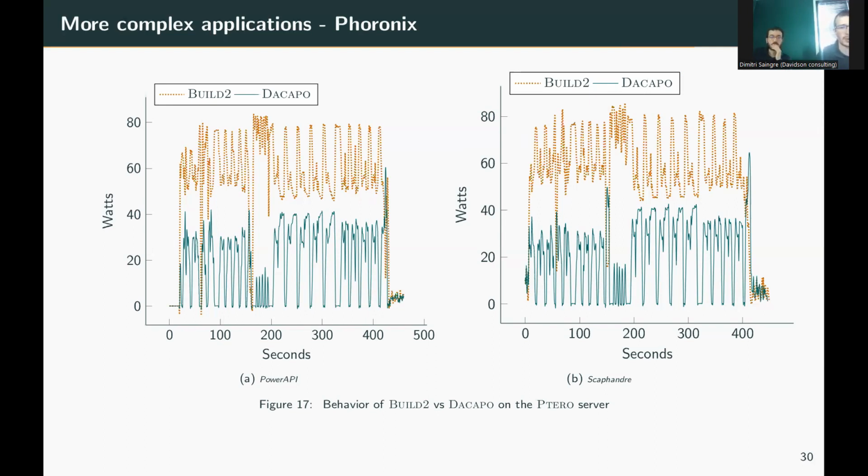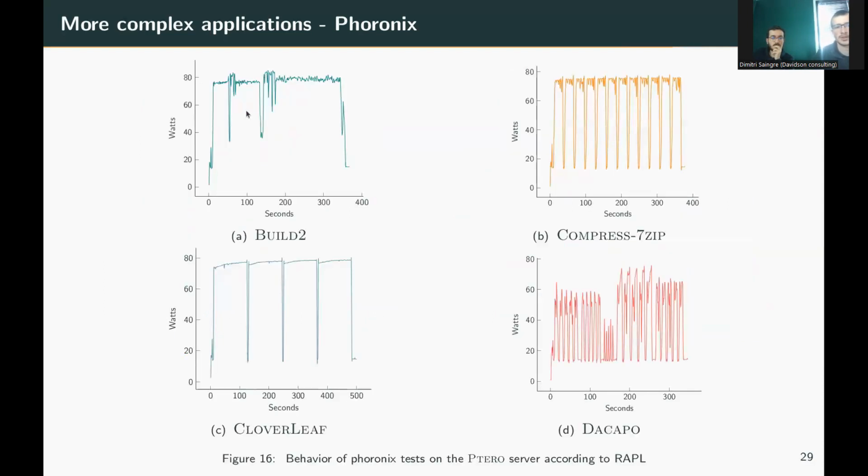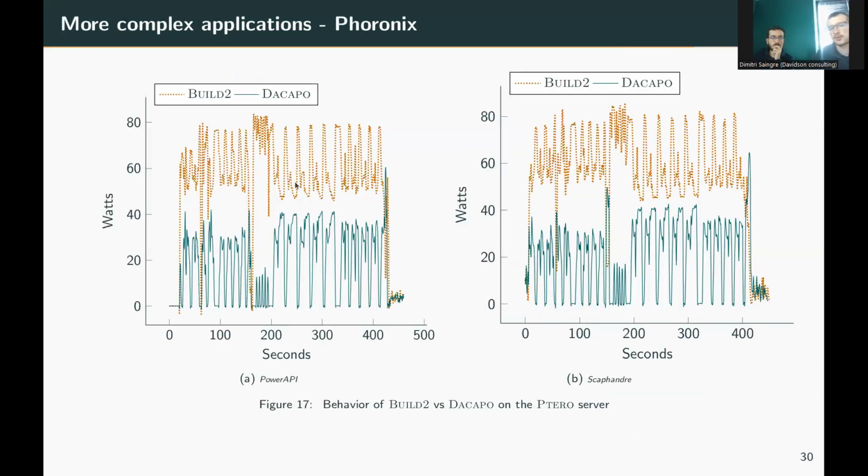So if you remember, build 2, which is here in yellow, had two stable stages that we don't see anymore because the application is mimicking the surge of the Dacapo benchmark.